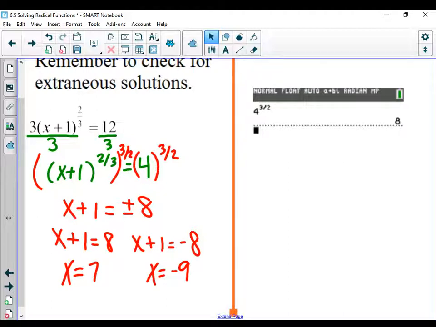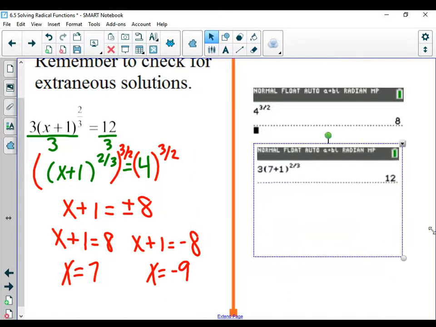Let's test them both. Go to your calculator. And first plug in 7. And you can plug it in exactly how you see it. And you should get 12.